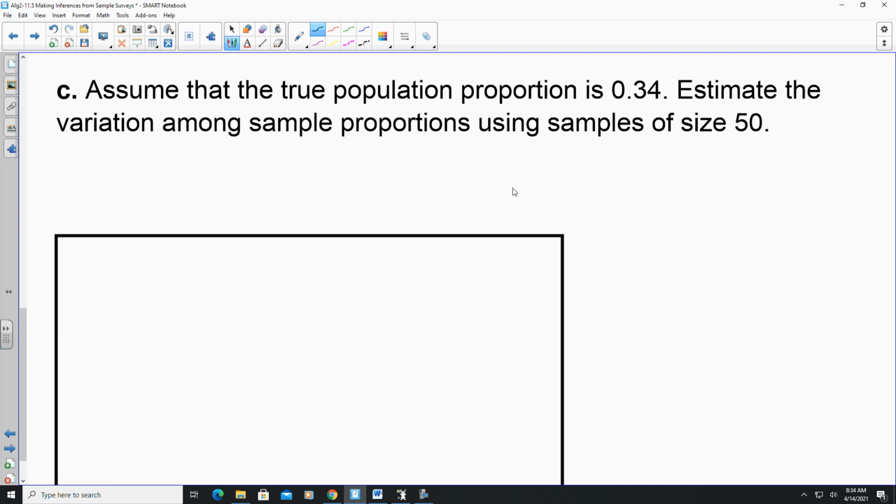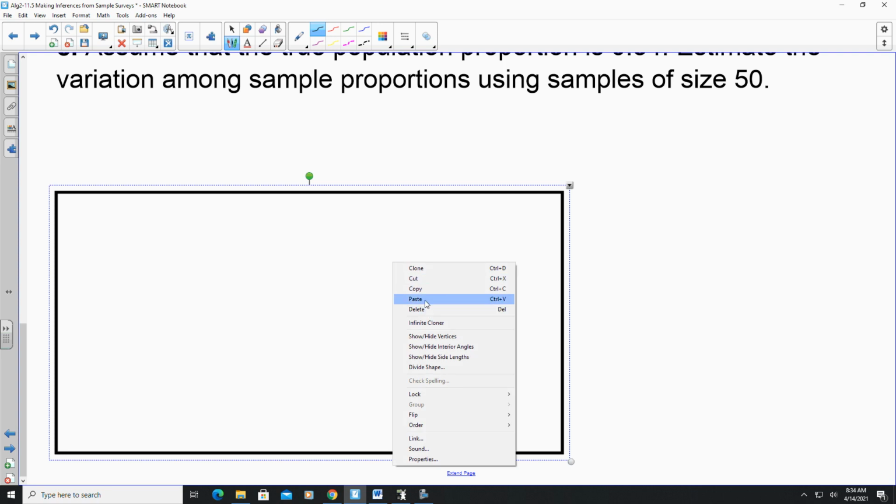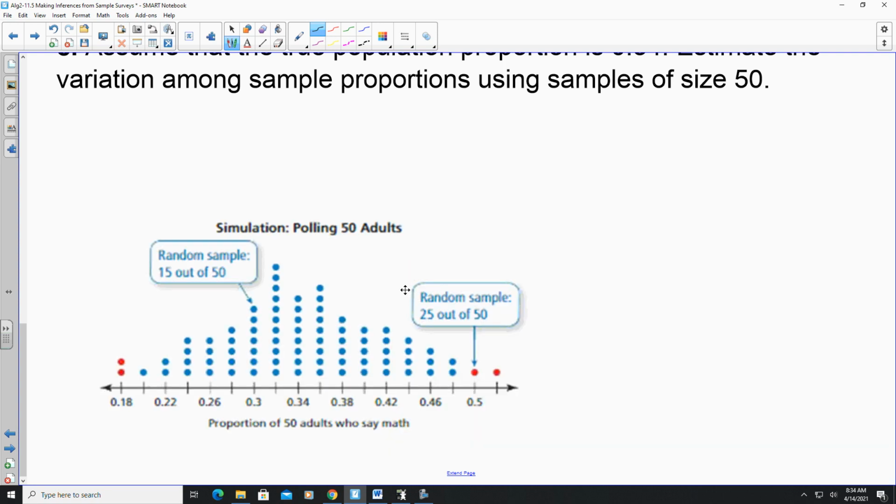So what the book did was this. They had a chart, which you can find on page 628 in the textbook.